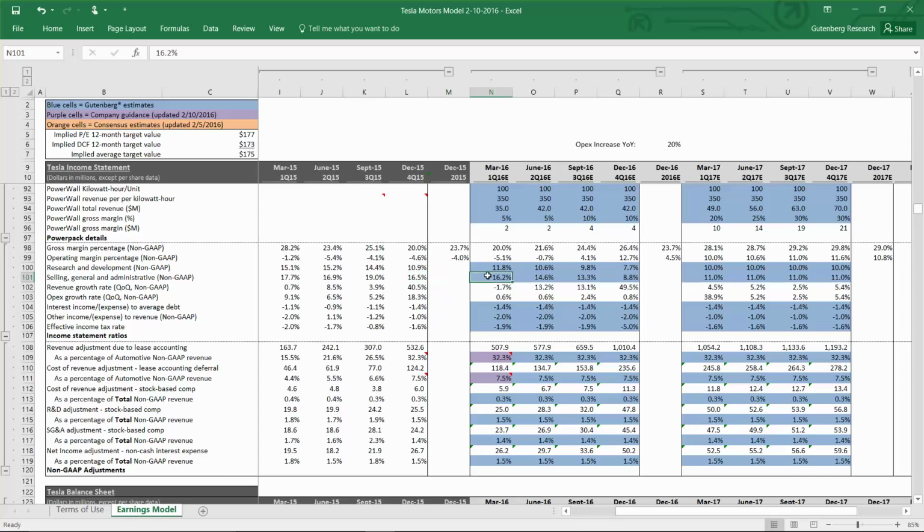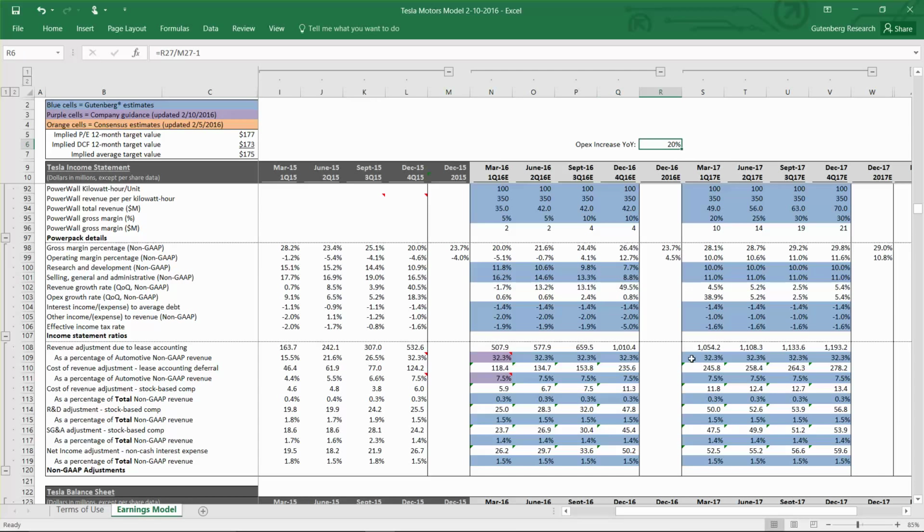So we increased SG&A and we decreased R&D, and then we brought both down throughout the year, consistent with management's guidance. But we capped it at 20%, and that was actually pretty difficult because the way our model was calibrated before, we had OPEX increasing much more than this 20%.